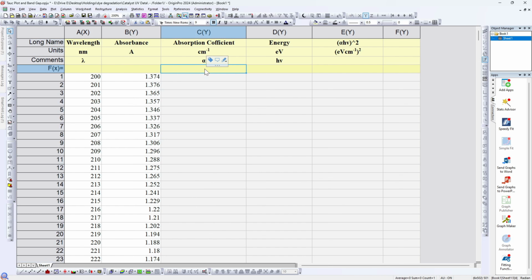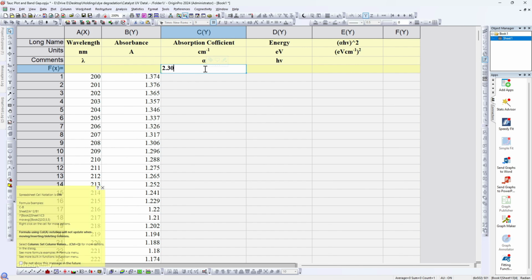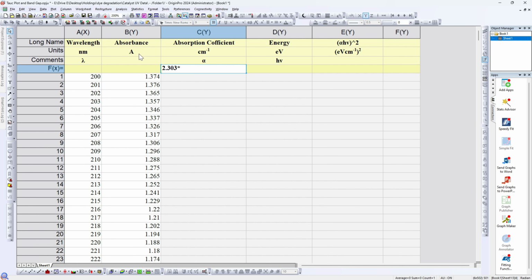To calculate alpha, we do 2.303 multiplied by absorbance. In column C is the absorption coefficient, whose unit is centimeter inverse, and its symbol is alpha.